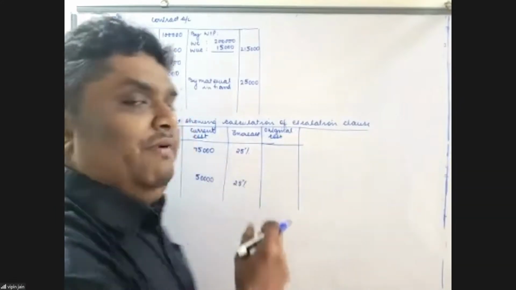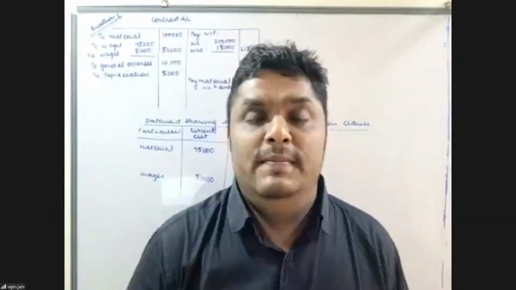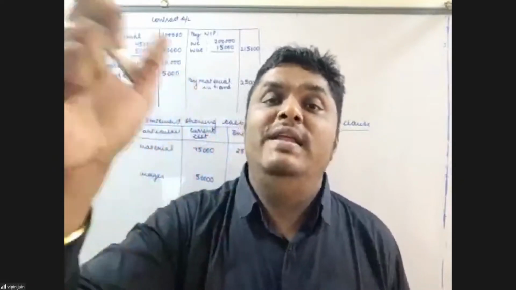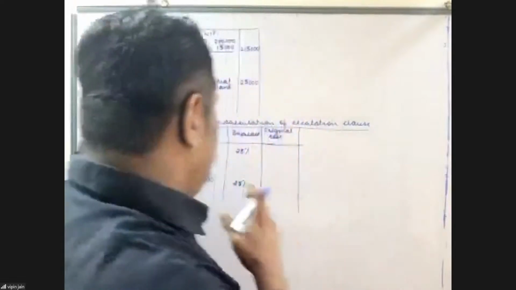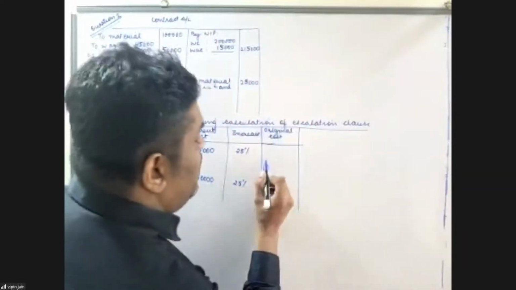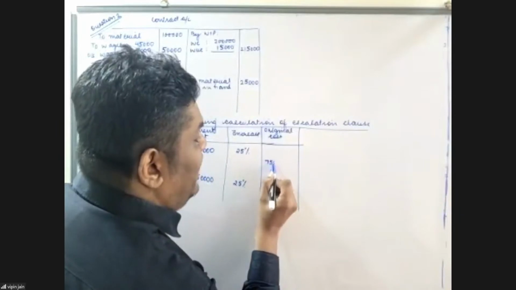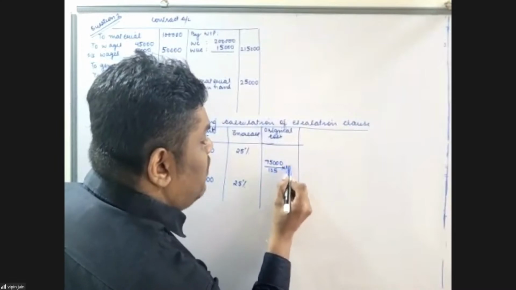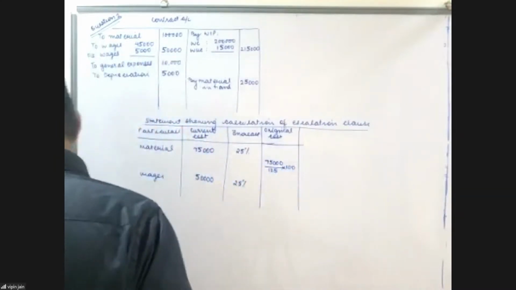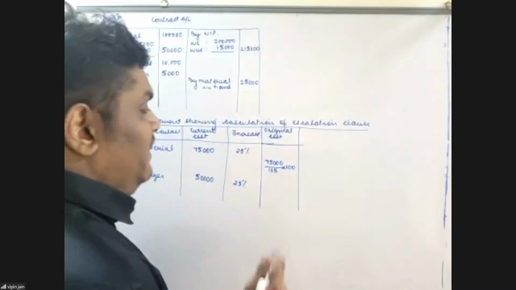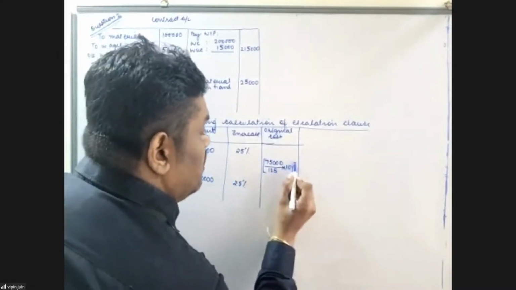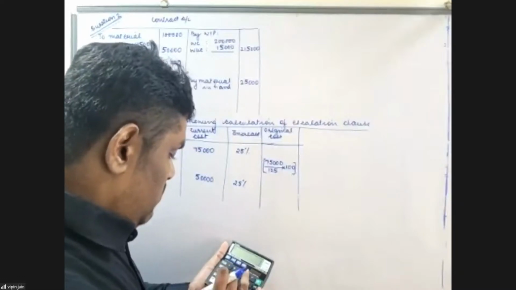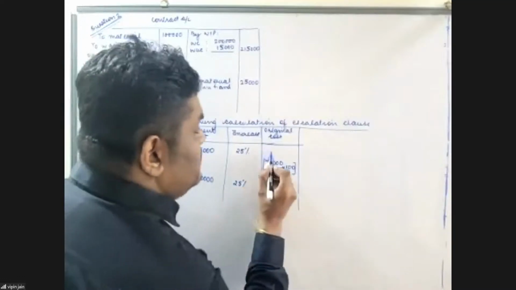This 75,000 is after increase. So let's say the original cost is 100. After increase, it is 125. So this 75,000 will be equal to 125. So before increase, how much was the cost? Very simple: 75,000 divided by 125 into 100. This was my original cost, that is 60,000.